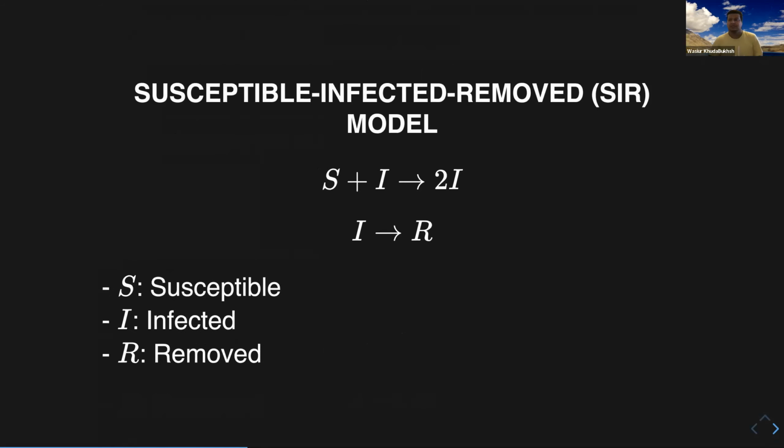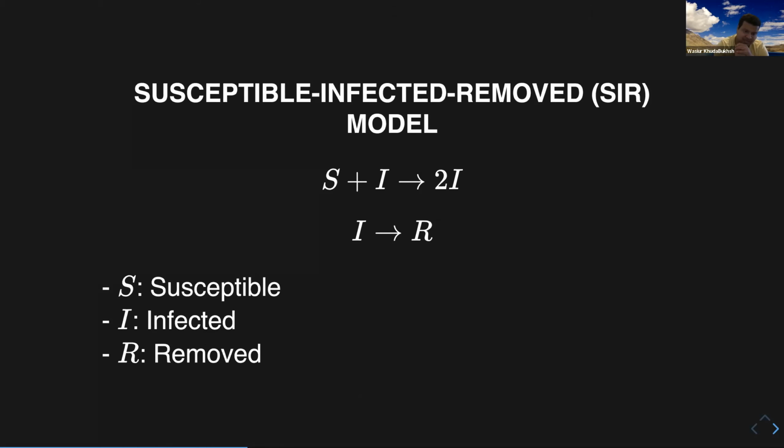The other example is the classical Kermack-McKendrick SIR system, susceptible, infected, and removed model. This is a model at the ecological scale. What you do here is you compartmentalize your whole population of individuals into 3 different compartments. So the first compartment is S, where individuals are susceptible to an infectious disease.